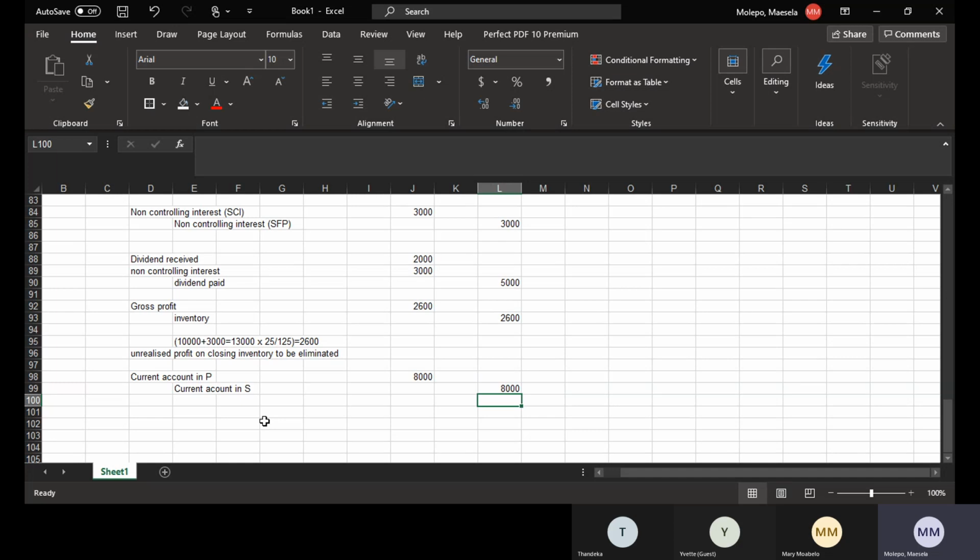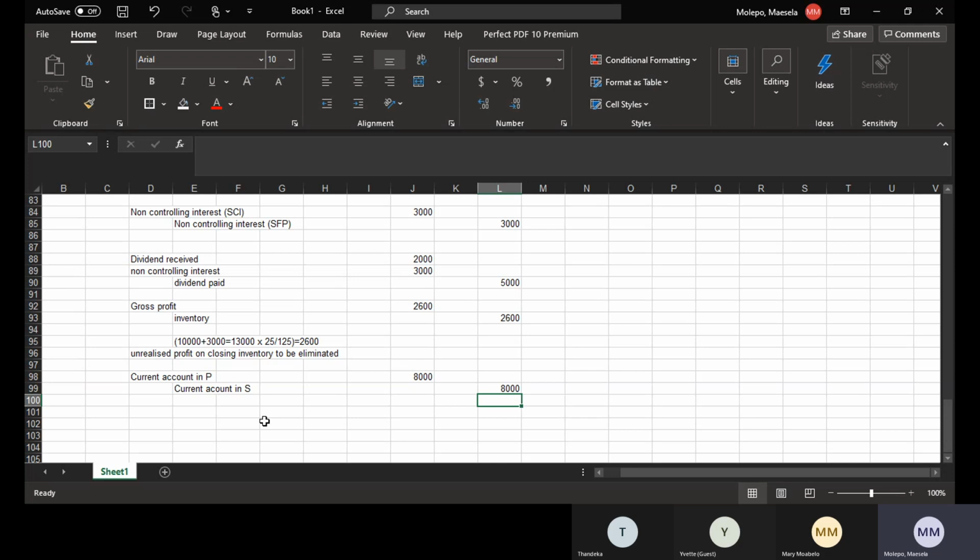We're just going to interpret whatever's in the books. Where there's a need for explanation, I will just write. Normally when we do consolidation, we start from the statement of profit and loss. So we've got the profit before tax as referred to in calculation 2. So we're going to take the profit before tax for P and S.